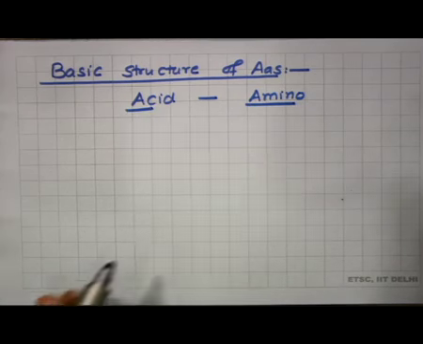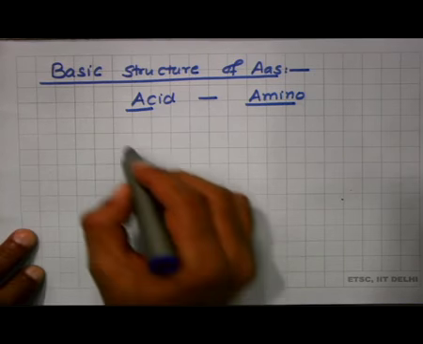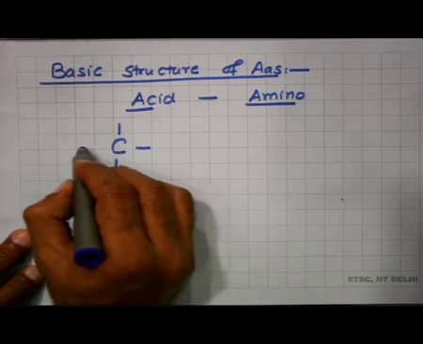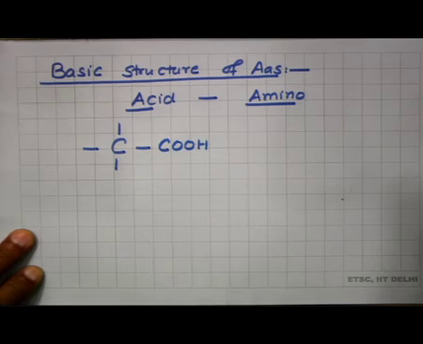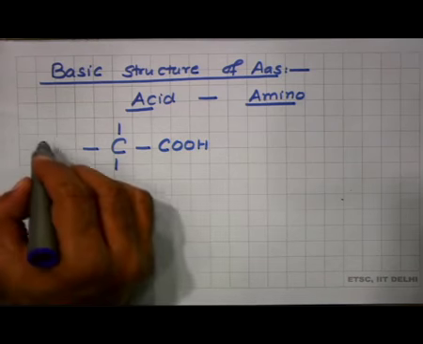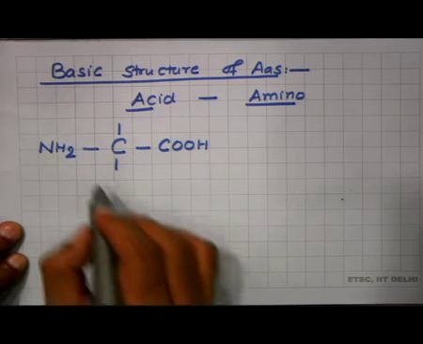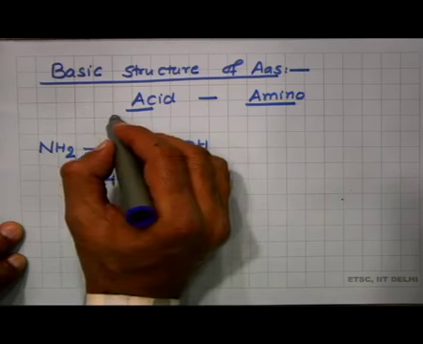The basic skeleton of amino acids is the centrally placed carbon. On one side is the acid group, and on another side the NH2 group is there. Here is a hydrogen, and this one group is variable.